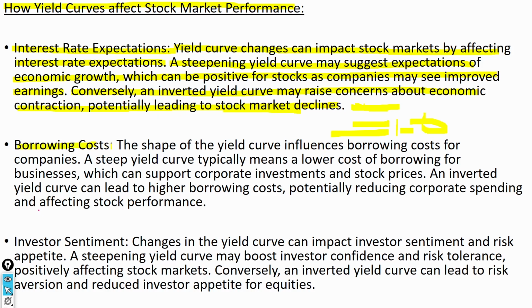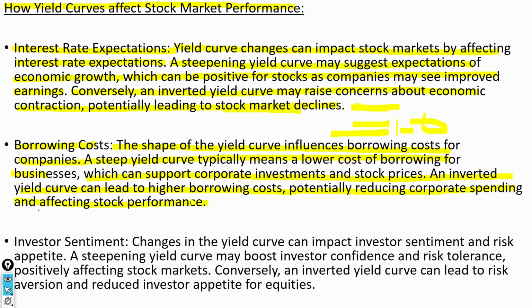Borrowing costs. The shape of the yield curve influences borrowing costs for companies. A steep yield curve typically means lower cost of borrowing for businesses, which can support corporate investments and stock prices. An inverted yield curve can lead to higher borrowing costs, potentially reducing corporate spending and affecting stock performance.